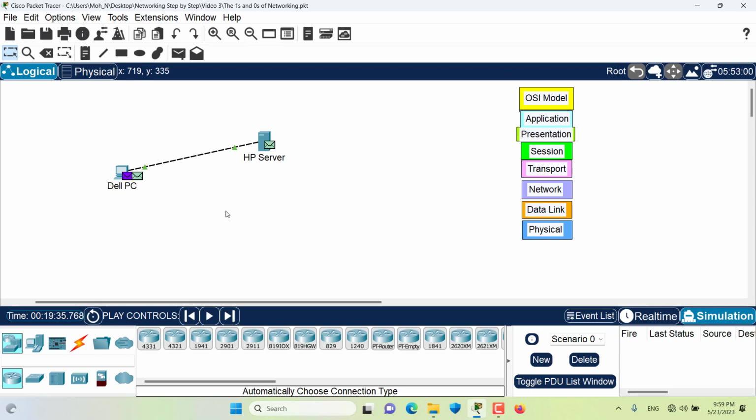Why does this communication happen in ones and zeros? Because computers, just like any other electronic equipment, work based on electricity. And if you want to represent something in electricity, you can either represent it by 1, or on, and 0, which means off.